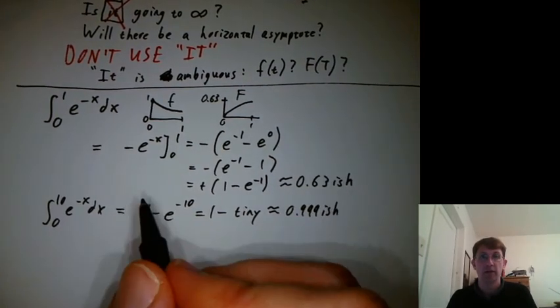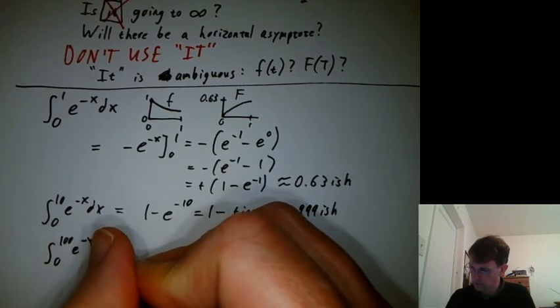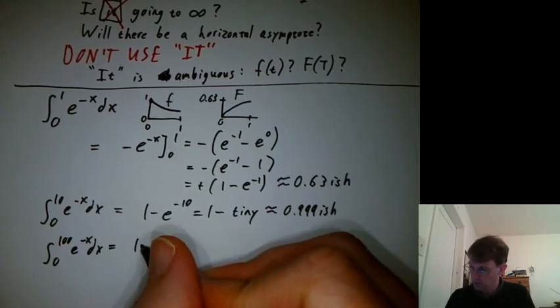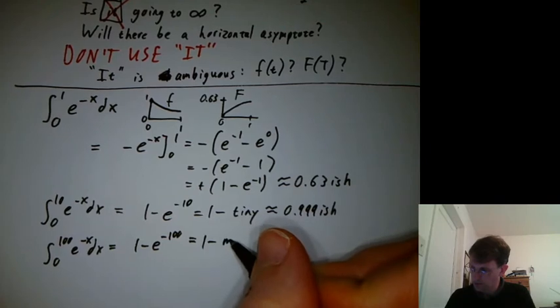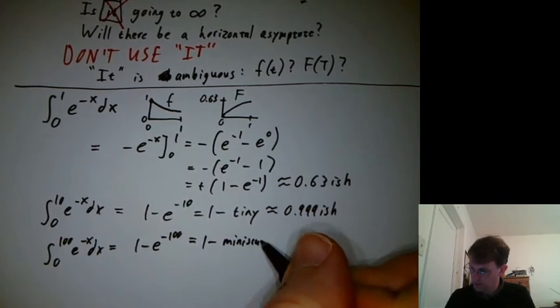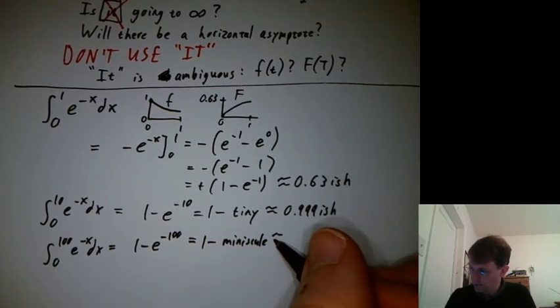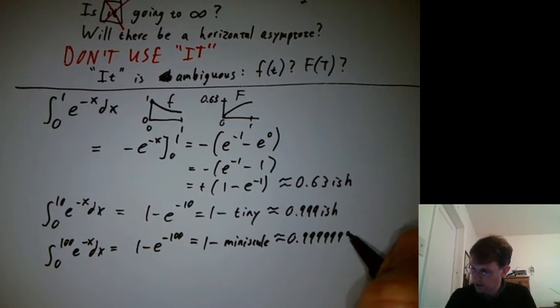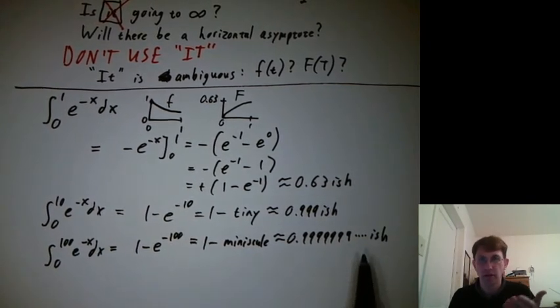Let's try integrating 0 to 100. What would you get here? 1 minus e to the negative 100, which is 1 minus minuscule. I'm just making up tiny words here, which is going to be 0.9999999-ish. It'll stop with the 9s eventually. It doesn't really matter where at this point.